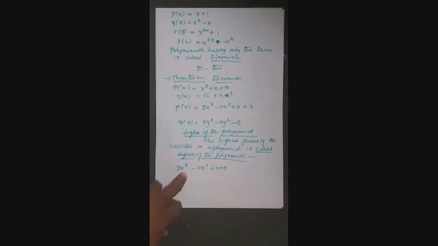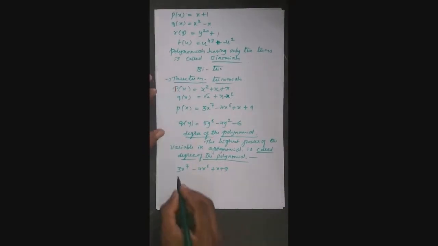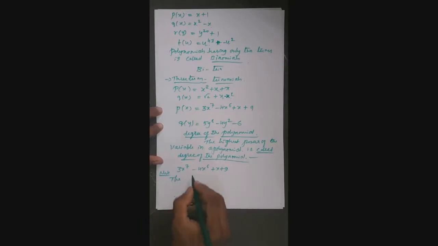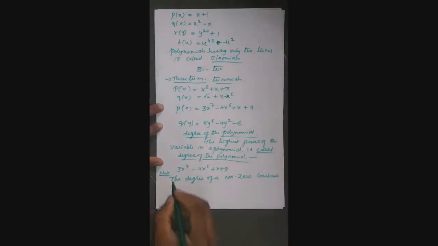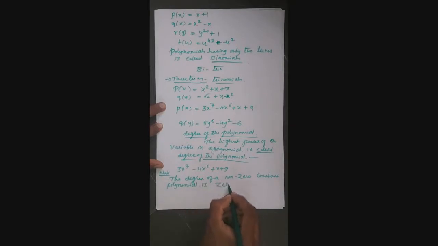See, one more important note: the degree of a non-zero constant polynomial is 0.